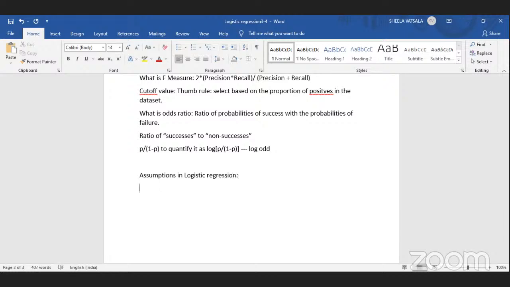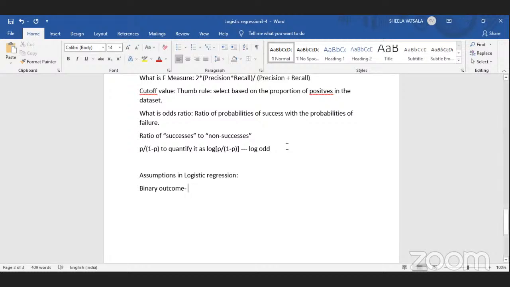First one, what we can see is, since the data is in binary, so binary outcome. Because it's a binary outcome, at any given time, there will be only one outcome, right? You can't have dual outcomes.